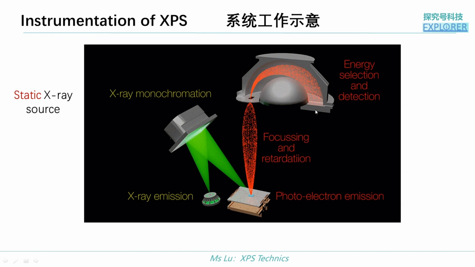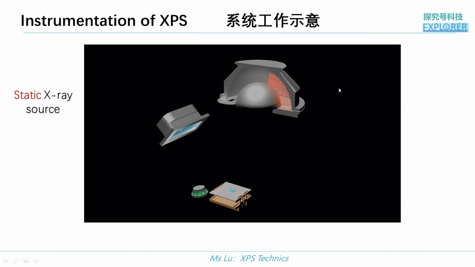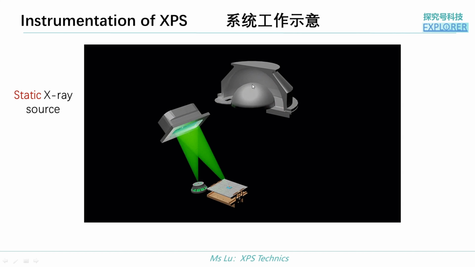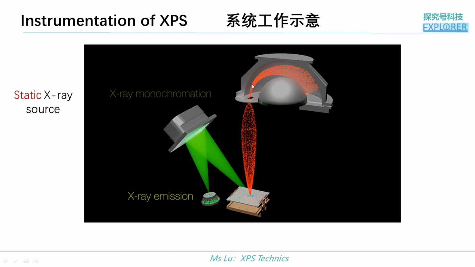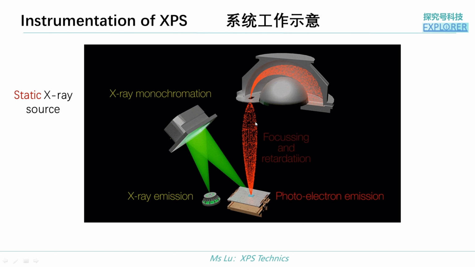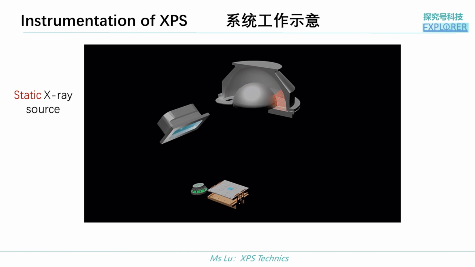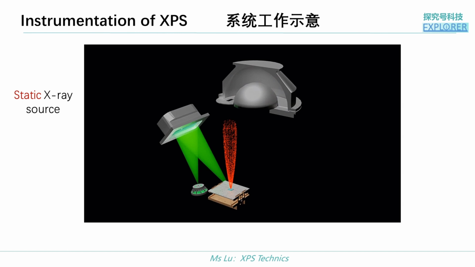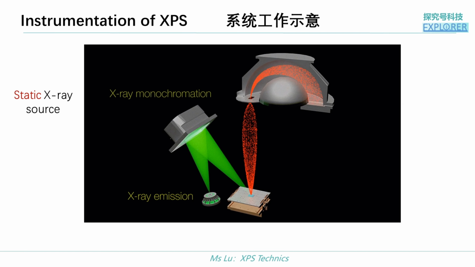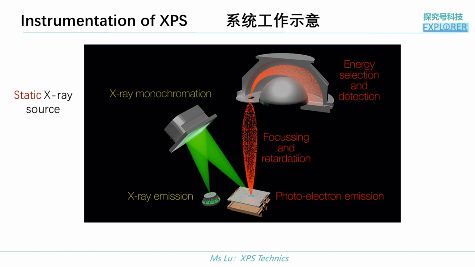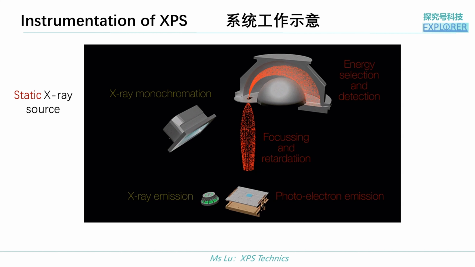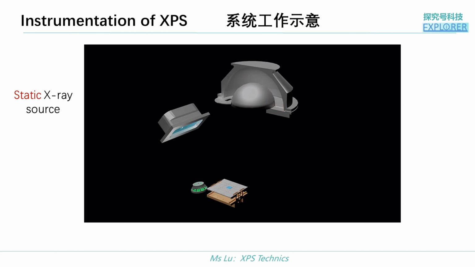The energy analyzer is directly above the sample. You can see the takeoff angle of the photoelectron is 90 degrees. With a large beam size and high power, the advantage of the static incidence system is that its signal is relatively strong and the energy resolution is relatively high.